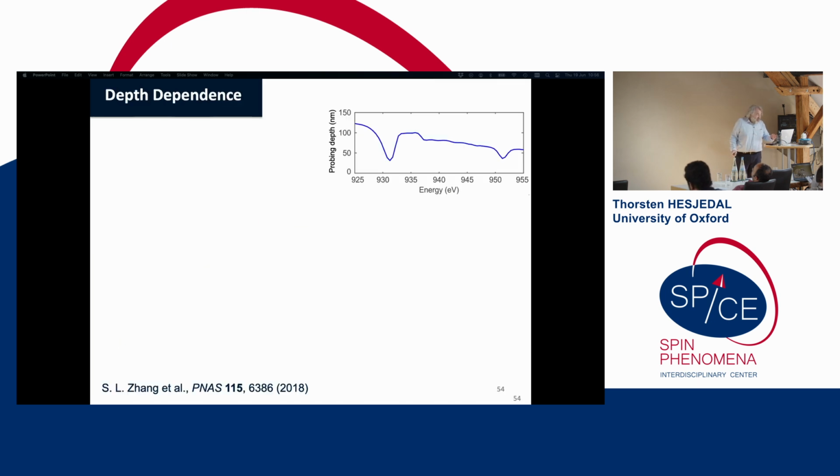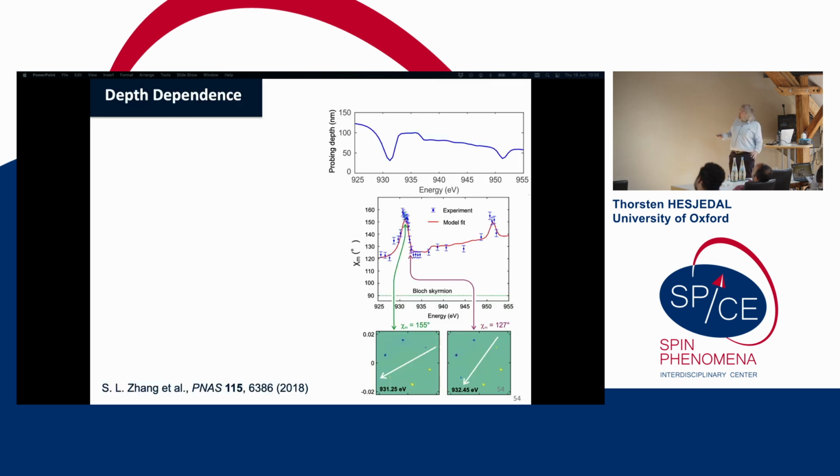And what we get out of this is this. On the right-hand side is the measurement that we did across the L3 edge. What we find is that we never get the Bloch-type skyrmion that the system should have. Instead, if we are at resonance, we have a large angle close to 180 degrees, and a lower angle closer to 90 if we are probing deeper.